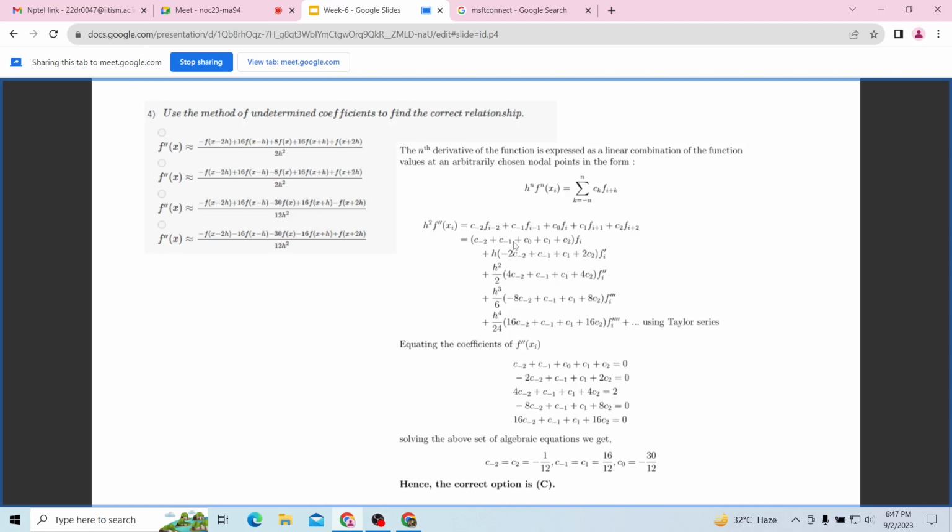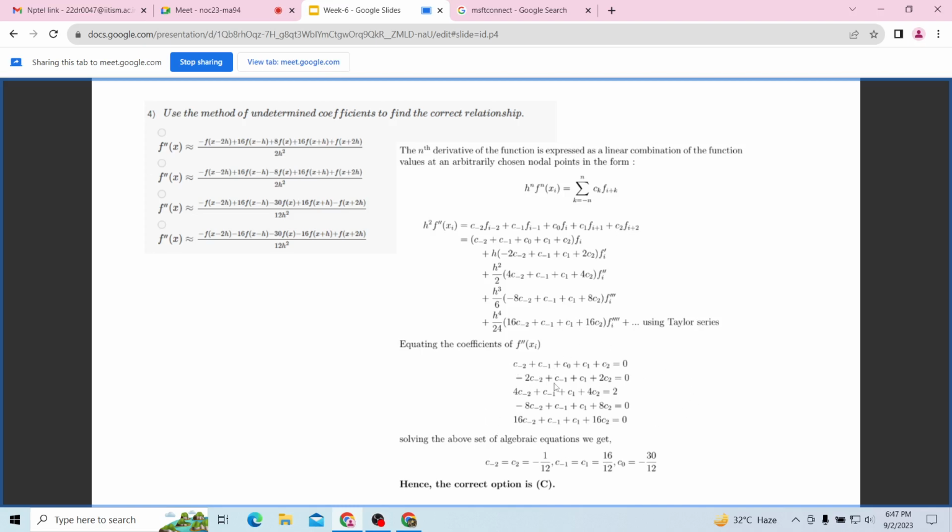Now what you do, simply equate the coefficients in both the equations of f double dash of xi. So you'll get C minus 2 plus C minus 1 plus C naught plus C1 plus C2 is equal to 0, right? Now this will also be equal to 0. Similarly, all these coefficients will be equal to 0, fine.